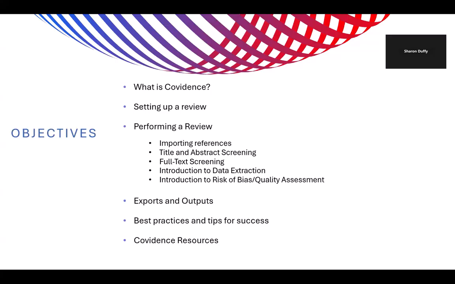And then we'll cover the things that you can get out of Covidence once you've done all of your work. And then we'll cover some best practices and tips for success, both with Covidence and with systematic reviews in general. And then share some resources from Covidence that are very useful as you learn how to use the tool.